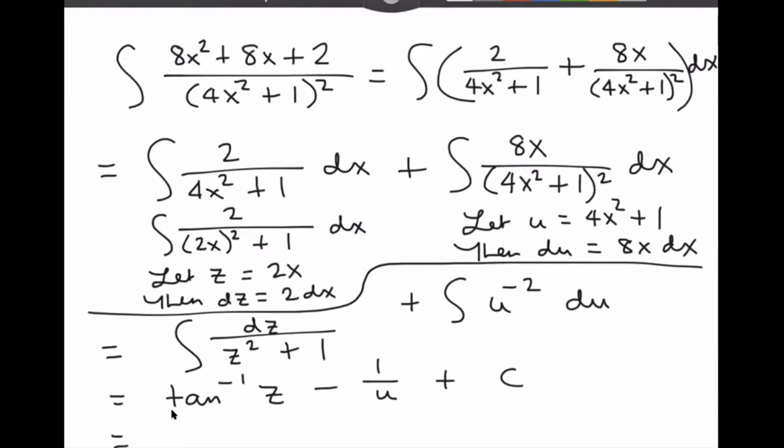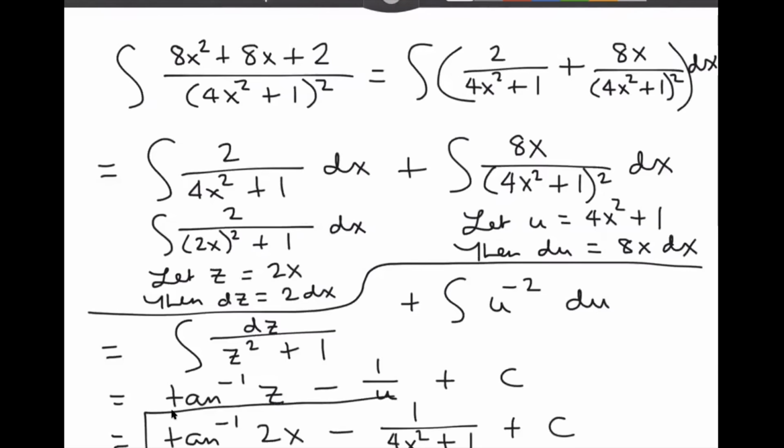So let's write this as inverse tangent of 2x minus 1 over 4x squared plus 1 plus c. Believe it or not, that ended up not being as bad as I thought I remembered. And I think part of the reason for that is that I had done it my way before, and that ended up taking longer.